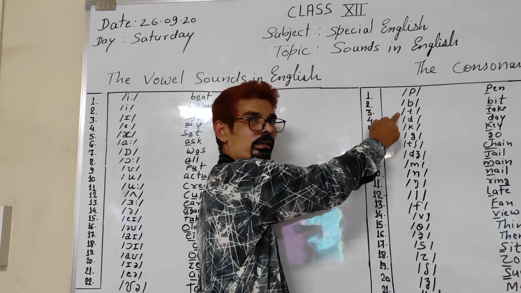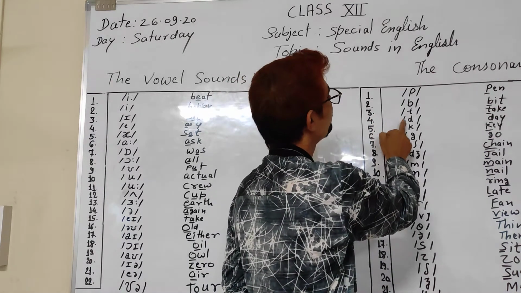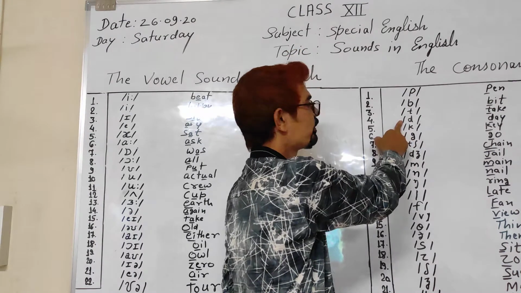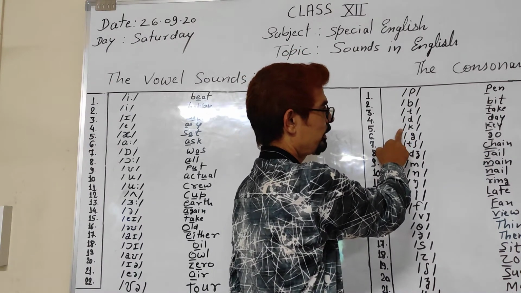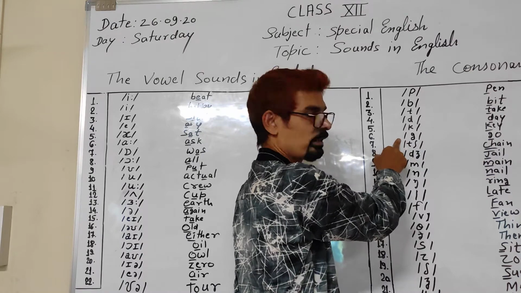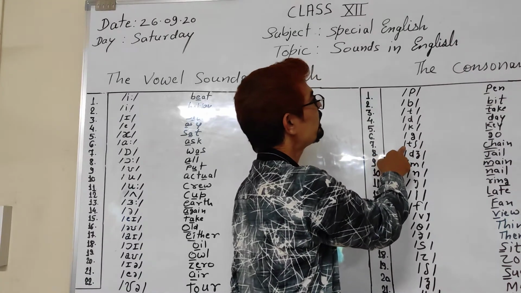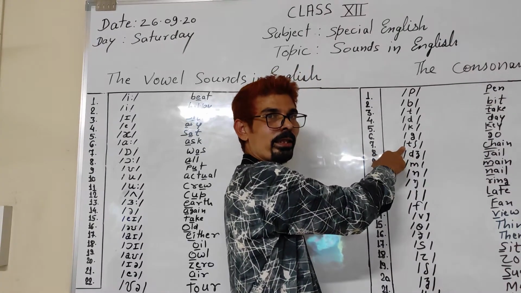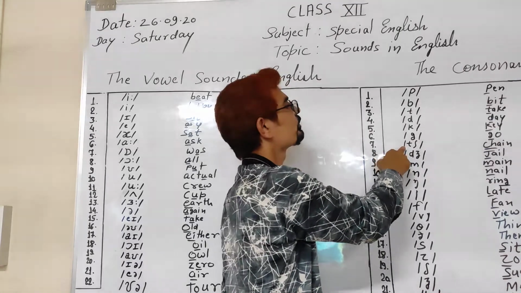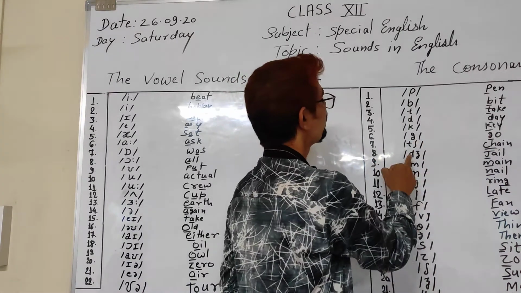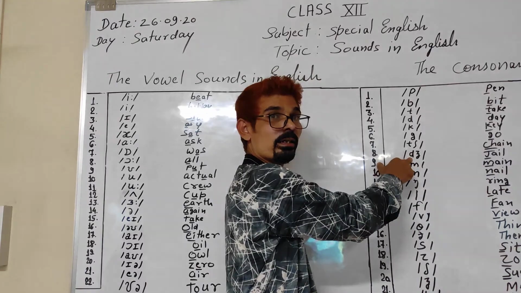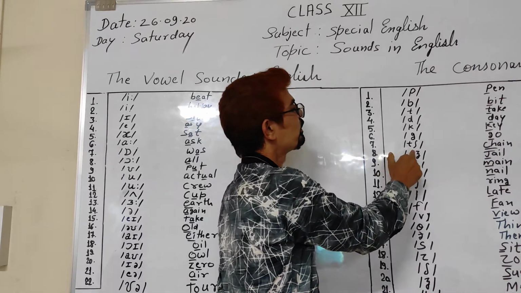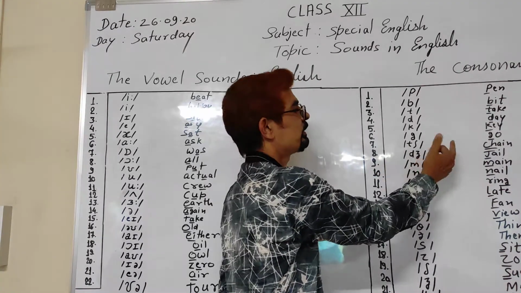This is T, take. This is D, day. This is K, key. This is G, go. This is Ch. This is the symbol of Ch. Chain. This is the symbol of J. D and small z. Gel.